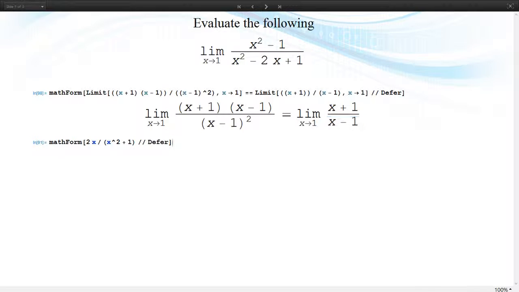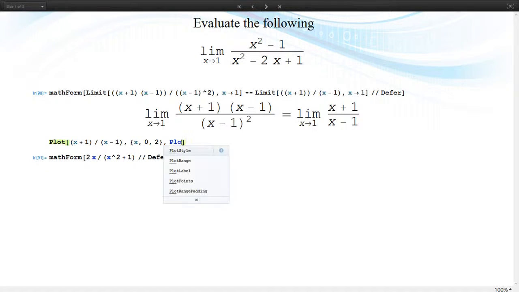Let's see a graph of that to demonstrate. Plot x plus 1 divided by x minus 1, and we'll just look at the important part, which is from like 0 to 2. And we'll make the lines thick enough for you guys to see.